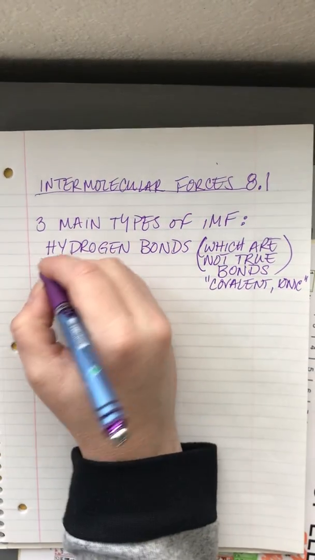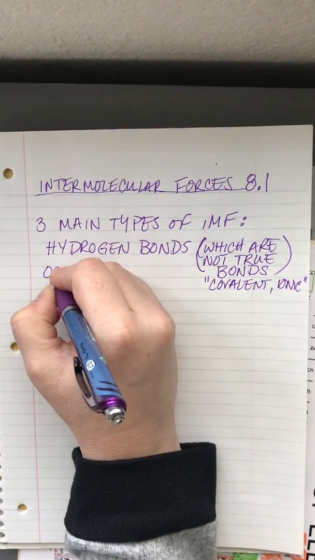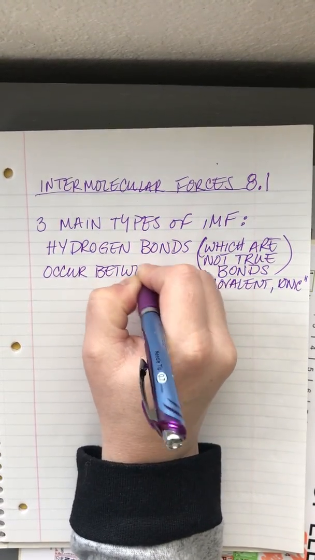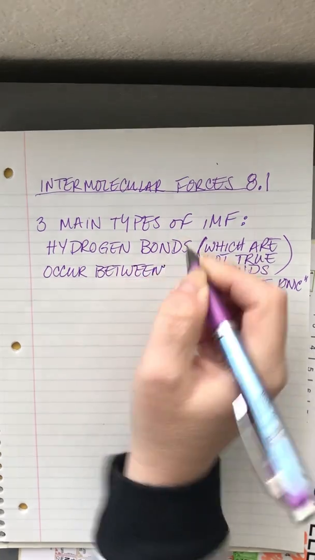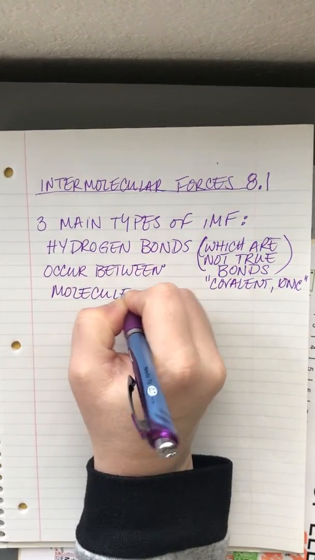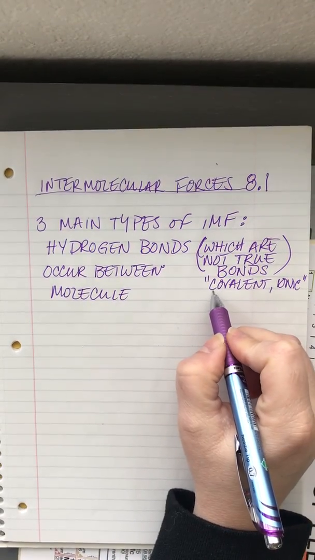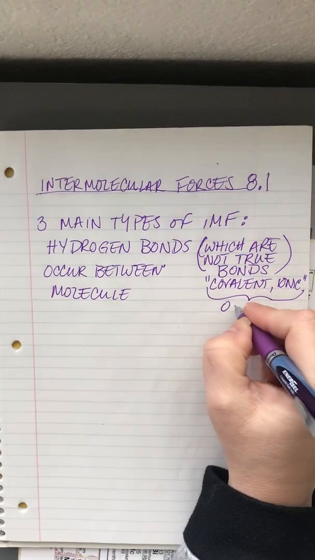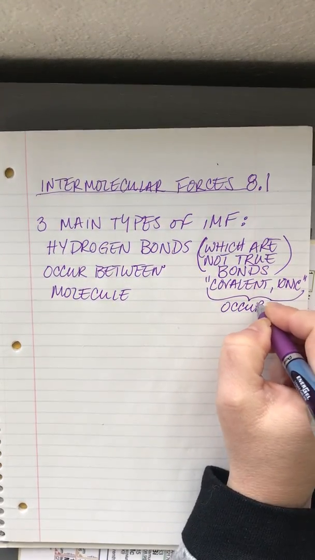Hydrogen bonds occur between molecules, right? These covalent and ionic bonds occur between atoms.